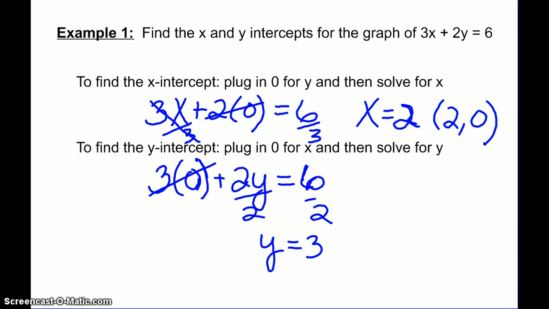So the y-intercept is 3, or in other words, that pertains to the point 0, comma 3. So that is our y-intercept. Okay, so that's how you always go about finding both the x and the y-intercept. For the x-intercept, you plug in 0 for y, and for the y-intercept, you plug in 0 for x.